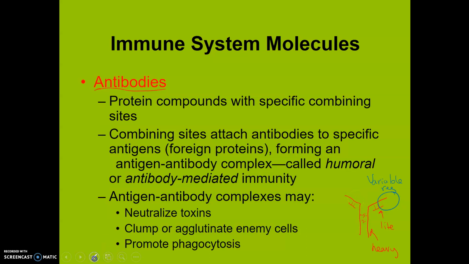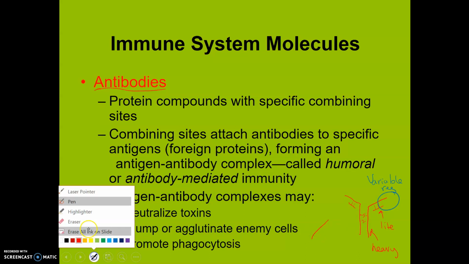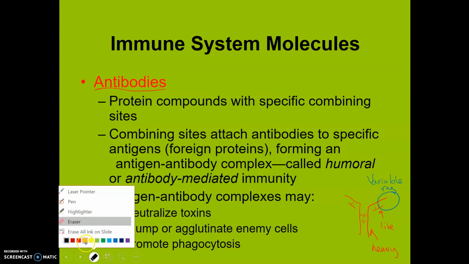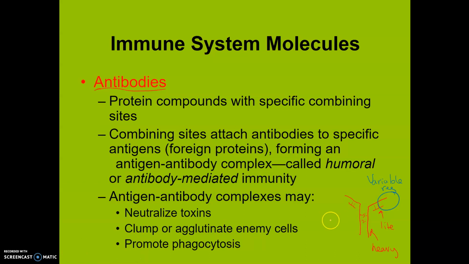All right, what could that possibly be? Well, in the environment, cells that aren't a part of your body, so let's say we have, I'm going to make this a different color because I want to make this an invading pathogen. So let's make our pathogen orange. Let's say, for example, we have an E. coli cell. That E. coli cell might have little proteins on the outside that look like rectangles.